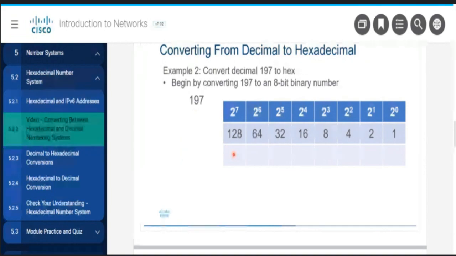Since I can subtract 128 from 197, I'll put a 1 under it and subtract it, and that gives me 69. I can subtract 64 from 69, so I'll place a 1 under that and subtract it.